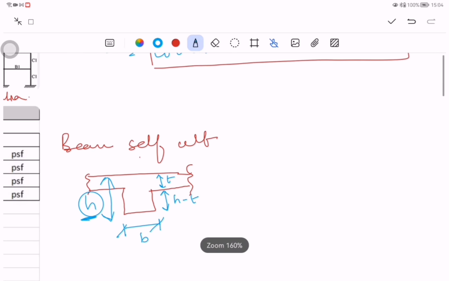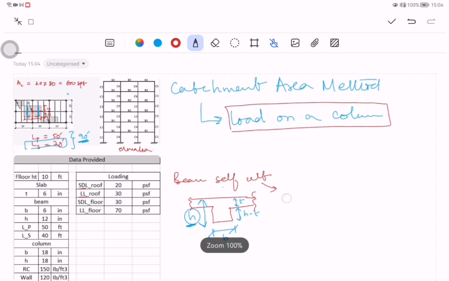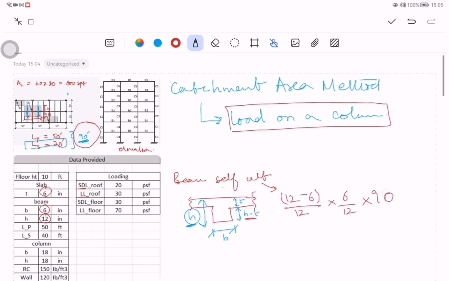Now what you will do, you will calculate the self weight. 12 inches is the total height of the beam, while 6 inches is the thickness of the beam. So you will consider 12 minus 6, as you have seen here, divided by 12, multiplied by the width of the beam, 6 divided by 12, multiplied by the length, which is this 90, right?